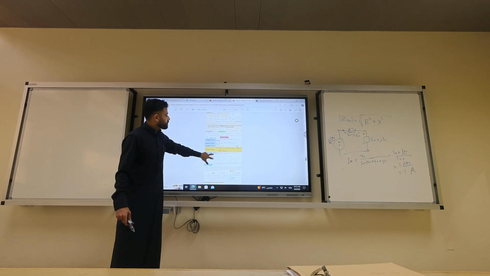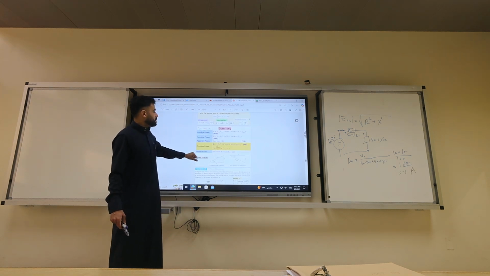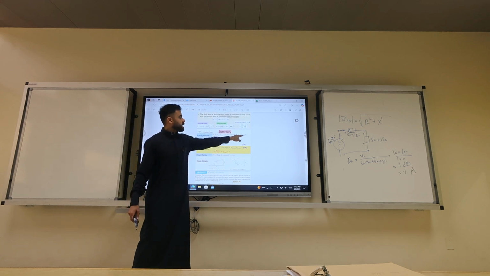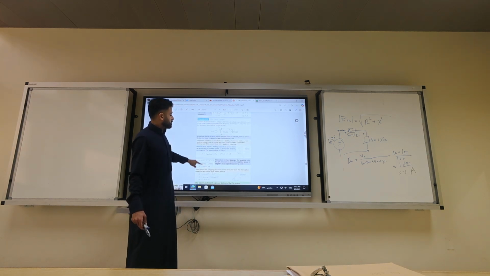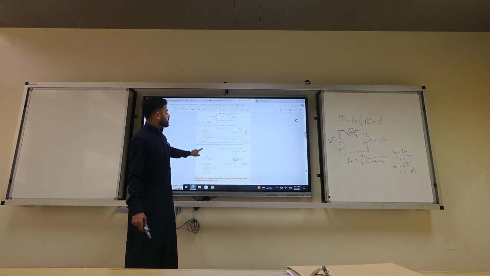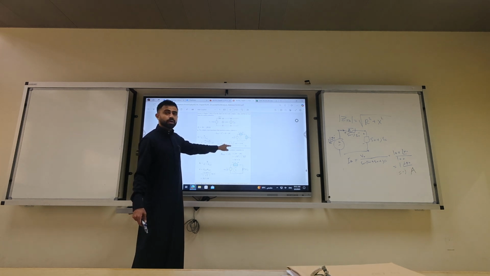You see this? What was the formula? I squared Z. For the real power, what's the formula? I squared RMS times R. So if we use this formula, what will be the maximum power transfer? It will be I squared RMS, which is 1 over the square root of 2.